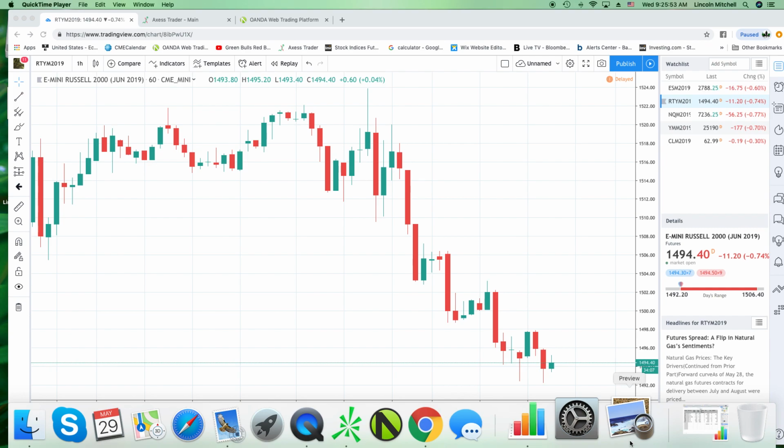So you want to kind of cherry pick things when you're doing small accounts. You've got to be very, very careful about what you want to do when you're dealing with small accounts, people, because you don't want that drawdown. I'm always talking about the drawdown because I really believe that's one of the hindrances that I had, and I'm pretty sure that's one of the hindrances that many people have.